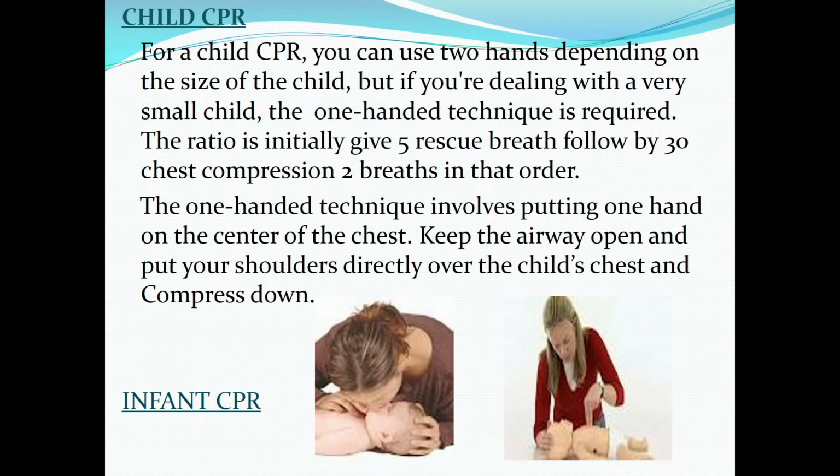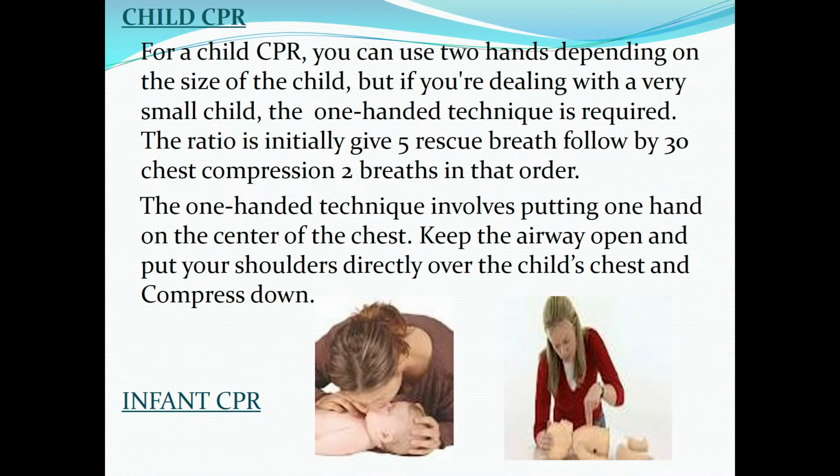For infants, we use two fingers, just two fingers on the chest, whereby you puff 5 times. You don't blow. For infants, if you blow, you kill them because you destroy their organs.